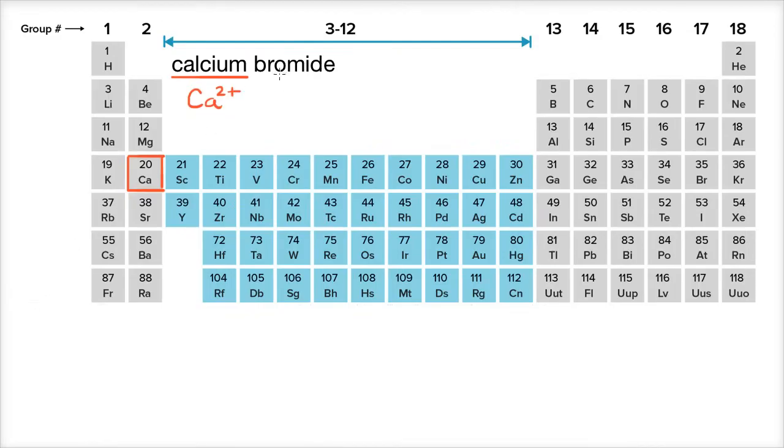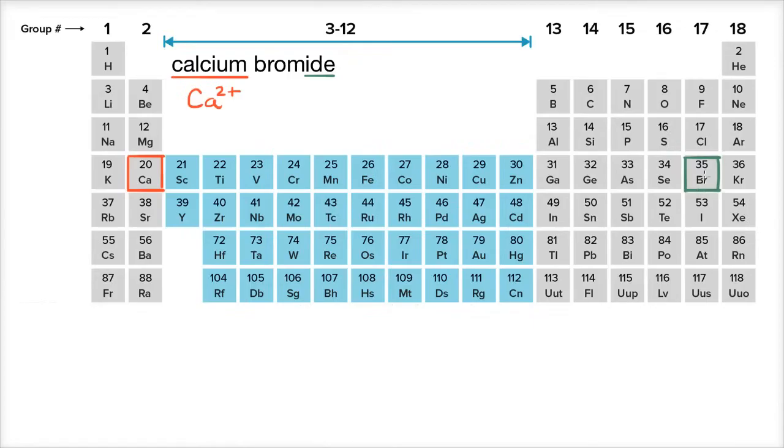Now, let's look at the bromide part. The -ide tells us that this is going to be a negative ion, or it's going to be an anion. And if you look at where bromine sits in our periodic table, right over here, we see it is a halide. We see that it likes to gain an electron.